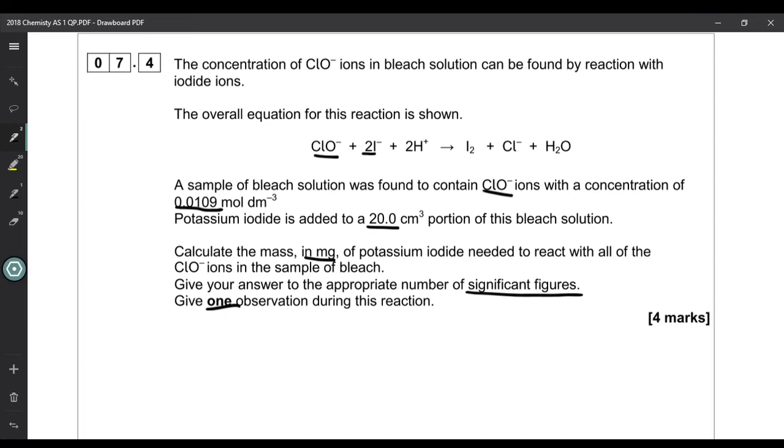We've got to work out how many ions are in this 20 cubic centimeters.